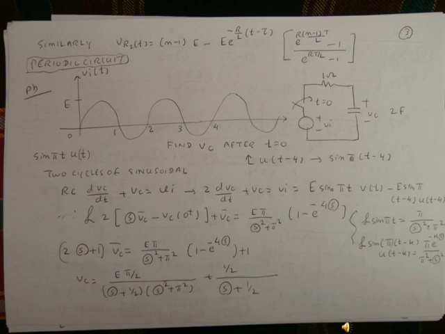So (2s plus 1) Vc is equal to Eπ divided by s squared plus π squared multiplied with 1 minus e power minus 4s, plus 1. Therefore Vc is equal to Eπ by 2 divided by (s plus half)(s squared plus π squared), plus half divided by s plus half.